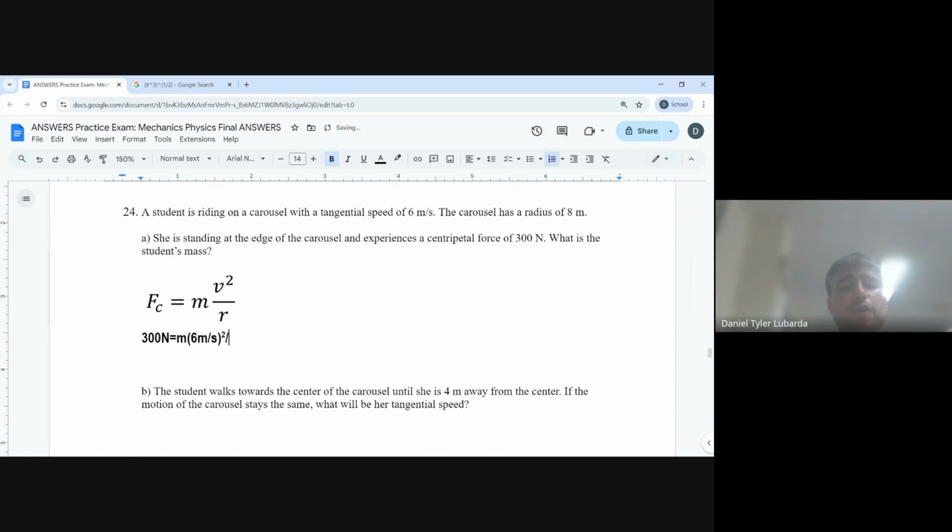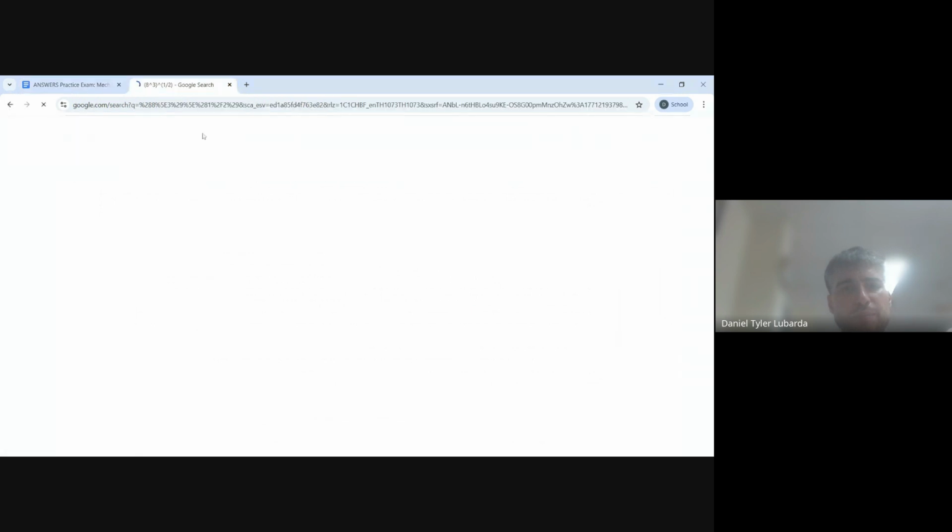And we know the radius, that's 8 meters. So let's simplify this a bit. The numbers over here, we're going to get 36 divided by 8. Well, let's put that in a calculator.